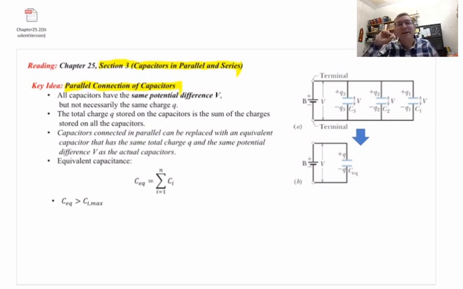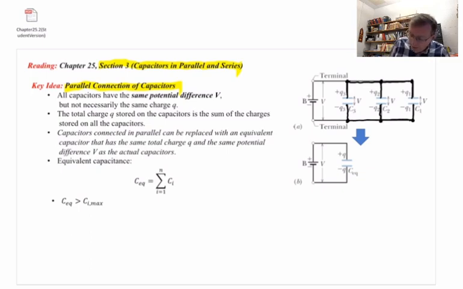And the way you know they're connected in parallel is that the leads or wires coming out of one terminal, the top one right here for each one, are all just with conducting wire connected together like that. And then separately, the leads or wires coming out of the bottom plate of each capacitor are also just connected directly together with no other circuit element in between them.